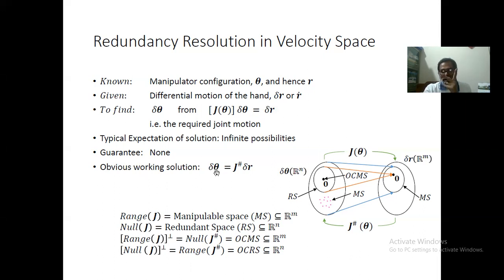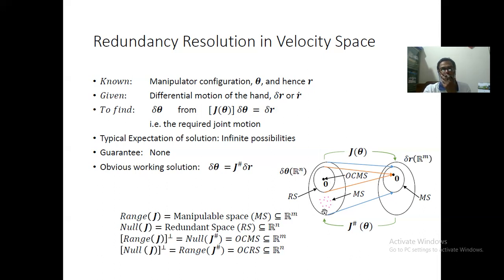Out of two orthogonal components, the one in the redundant space maps to 0 anyway and the other matters, so only the other remains. That is why the range of J hash is only the orthogonal complement of the redundant space.